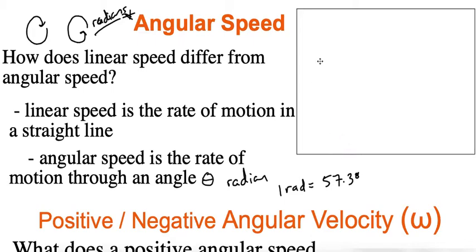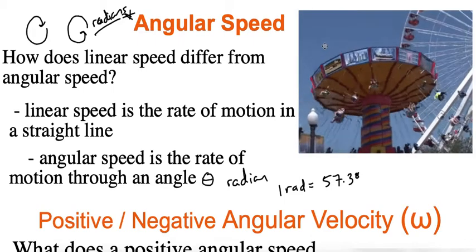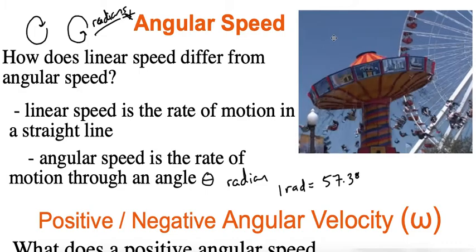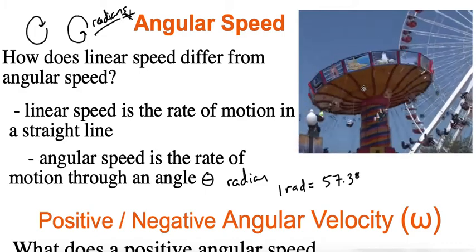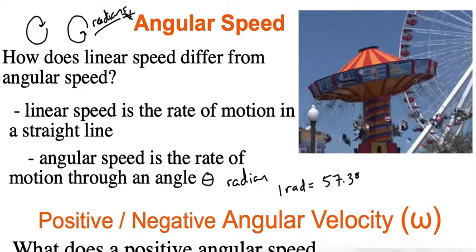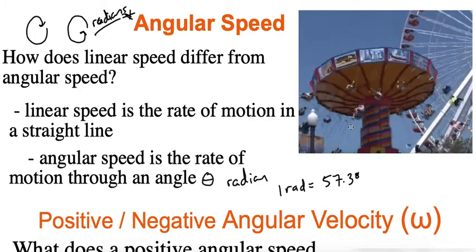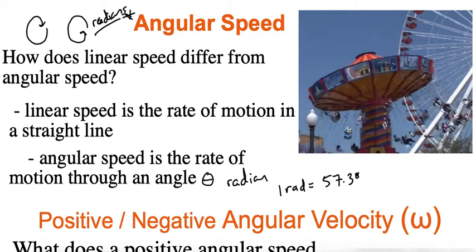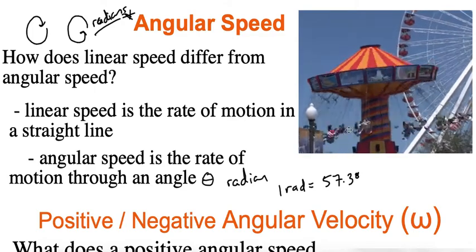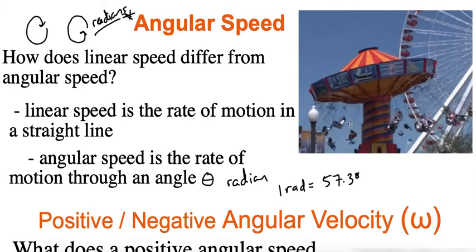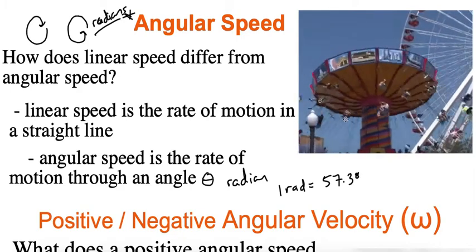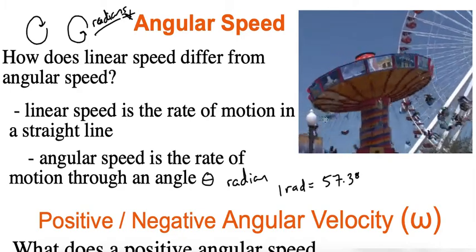So let's look at a scenario here. We've talked about some theme park swings and stuff like this before. This is spinning around in a circle, and we have the people on the swings there. The scenarios we talked about before were with centripetal acceleration or centripetal force, and then the centrifugal force, which is that non-existent force that makes things fly away.